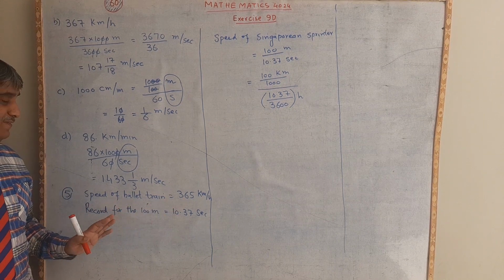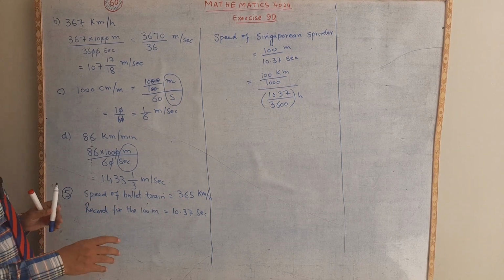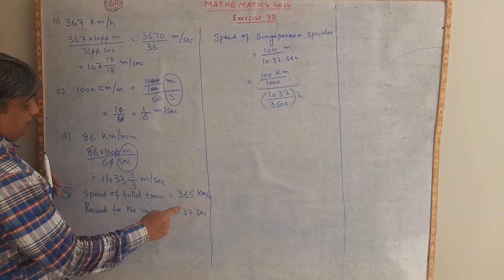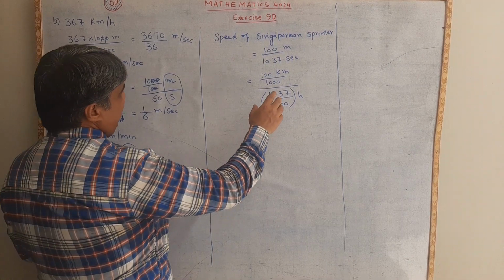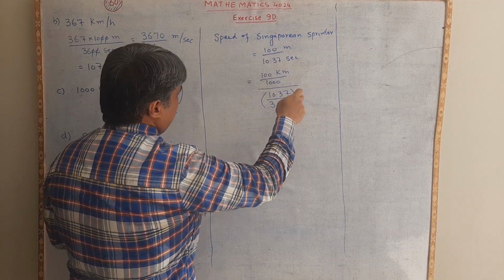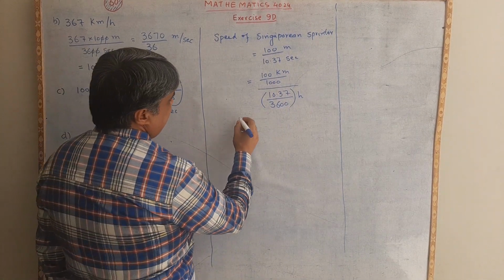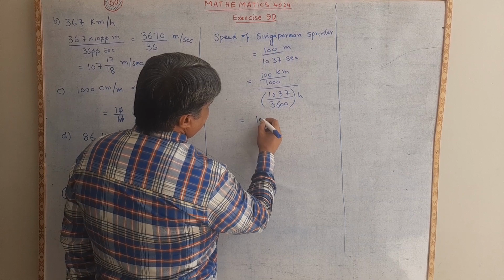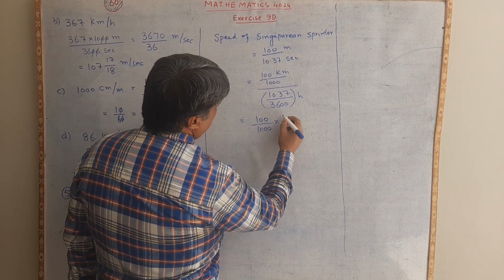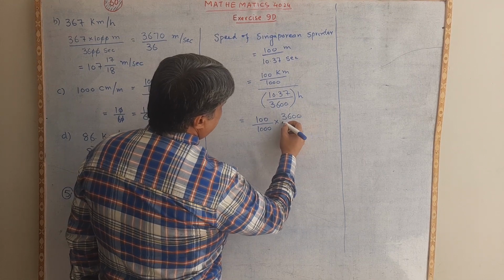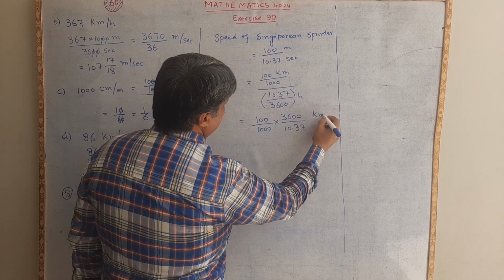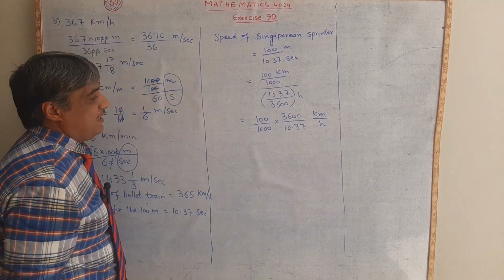Because if we want to compare the two speeds, it is given in kilometer per hour, so we had to convert this to kilometer per hour as well, and we can write 100 divided by 1000 multiplied by 3600 divided by 10.37 kilometer per hour.